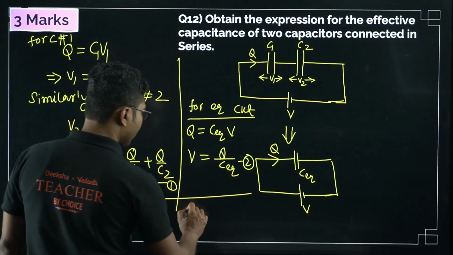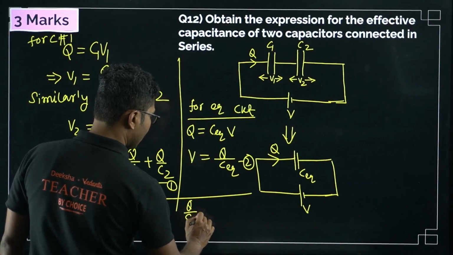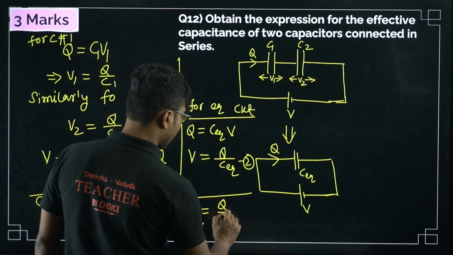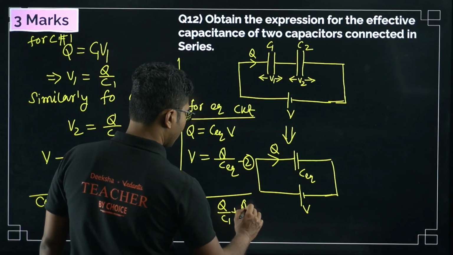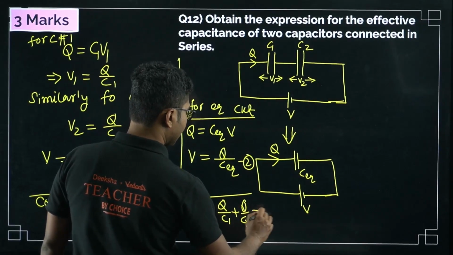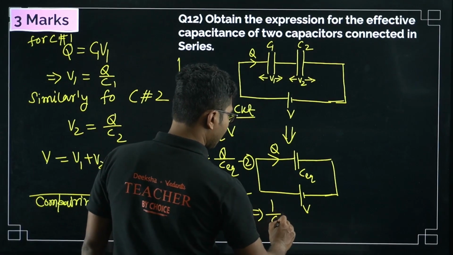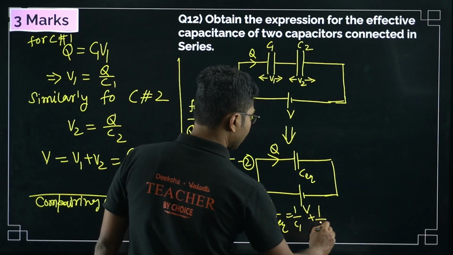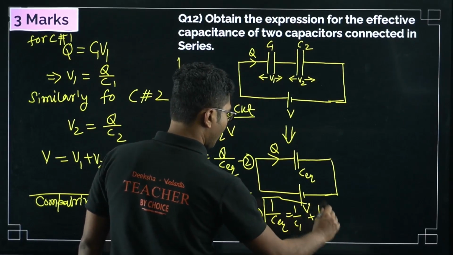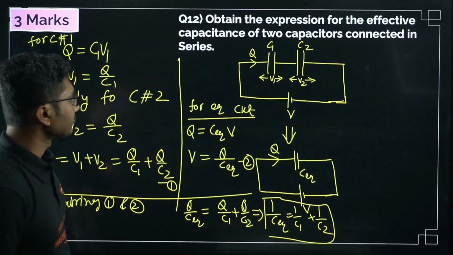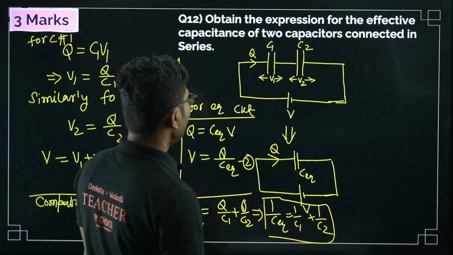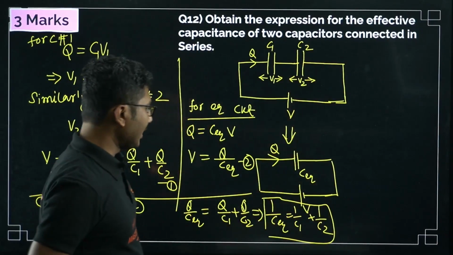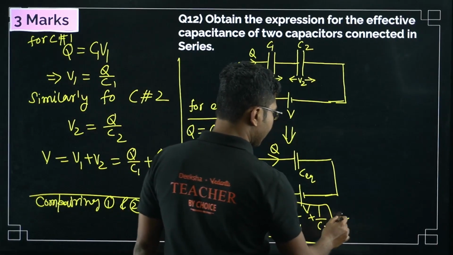We get Q by C equivalent is equal to Q by C1 plus Q by C2, or that gives you 1 by C equivalent is basically 1 by C1 plus 1 by C2. This is the equation. So obviously you arrived at the relation. This is the required relationship.